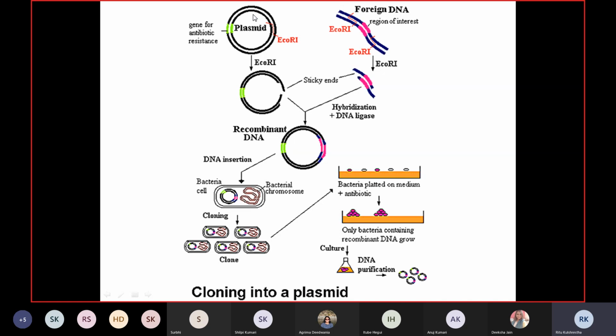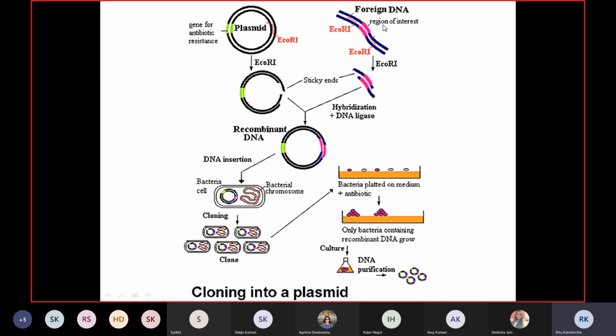Once you decide which vector you want to use, it could be plasmid, it could be bacteriophage. Why bacteriophage? Because even bacteriophage has the capacity to inject its DNA into the bacteria, and that DNA can make more copies of itself. I've already discussed that regarding the lytic life cycle.